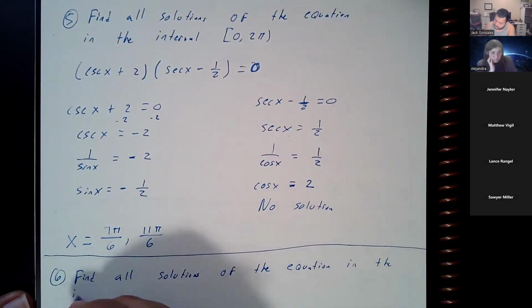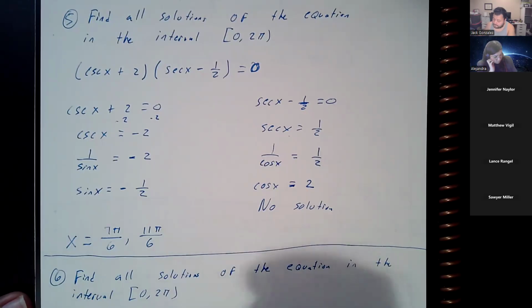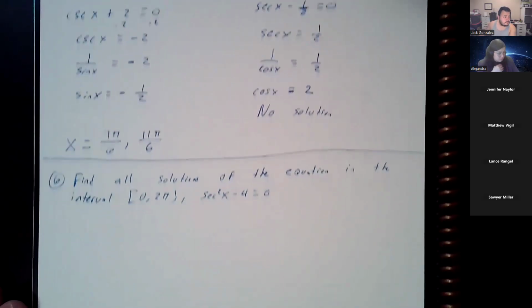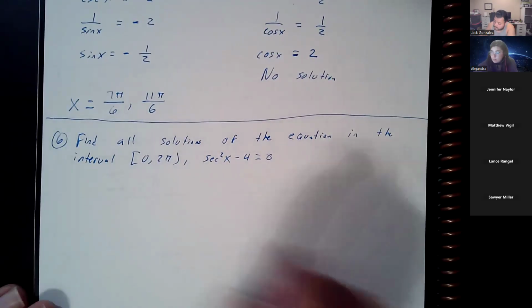So find all the solutions of the equation in the interval 0 to 2 pi. So secant squared x minus 4 equals 0.